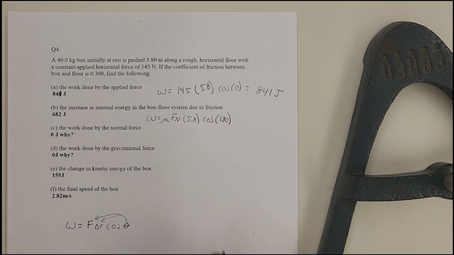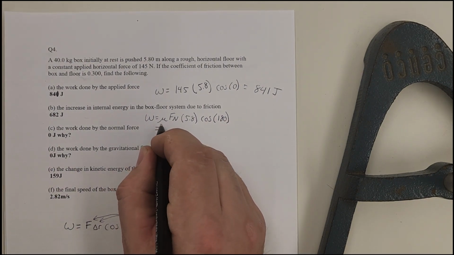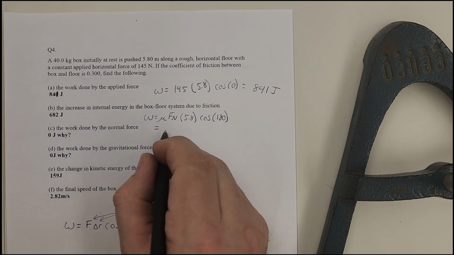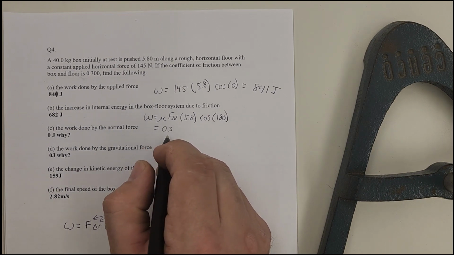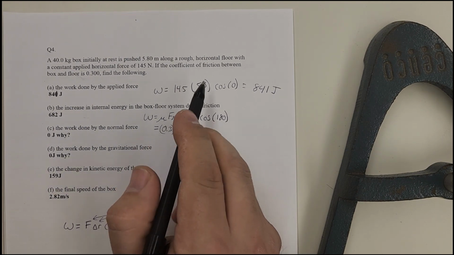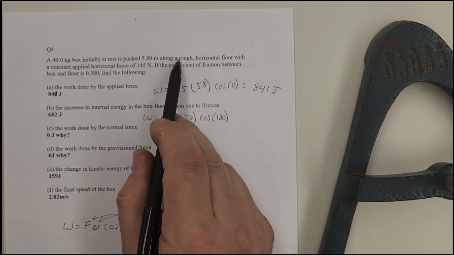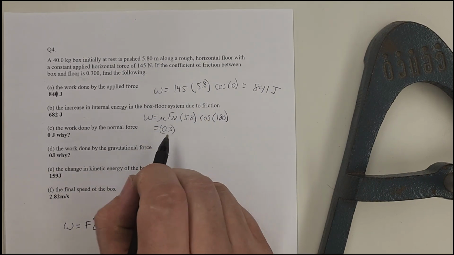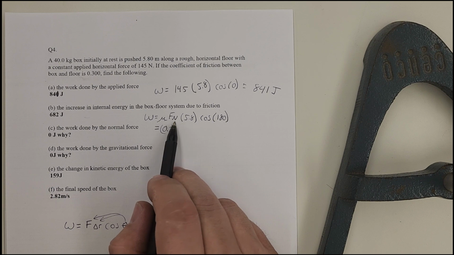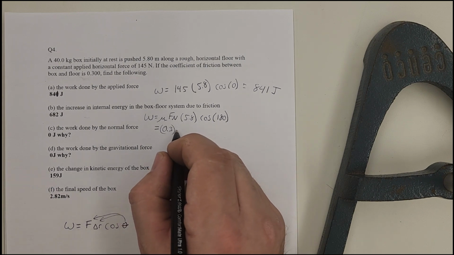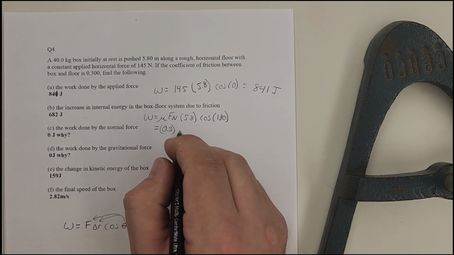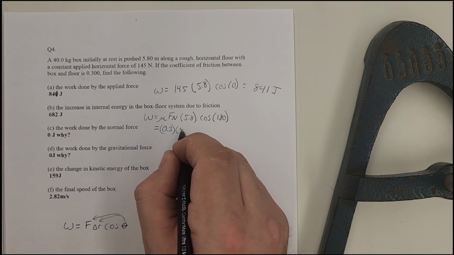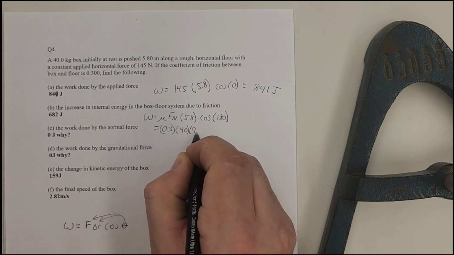There's a few other things that we know. We can start plugging in. Mu in this case was given as 0.3, so 0.3. Normal force, if we did a free body diagram and we're pushing across a horizontal floor, you'll see that Fg is equal to Fn, which is also equal to mg. So the mass of the box is 40 and g is 9.8.